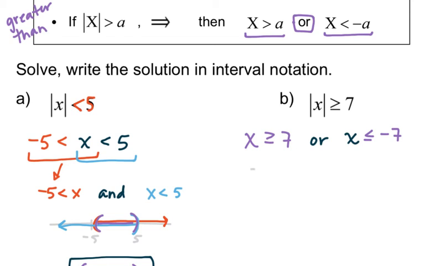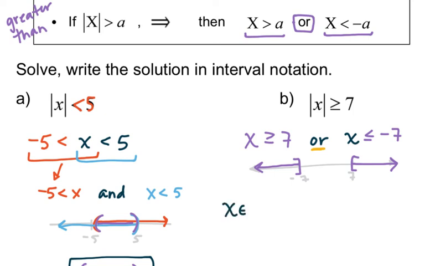If we think about what this looks like on a number line, I have -7 and +7. Greater than or equal to 7, that's a bracket, and we go to the right of 7. Less than or equal to -7 is a bracket going to the left. You'll notice there is no overlap here. But keep in mind, this is an or situation. When we have or, it can be the interval on the left or the interval on the right, and we would write that solution using a union symbol.